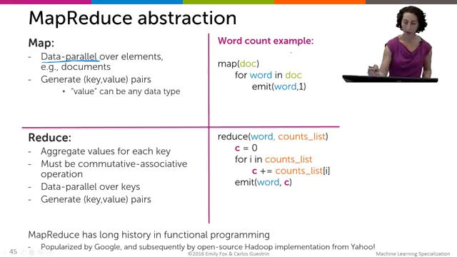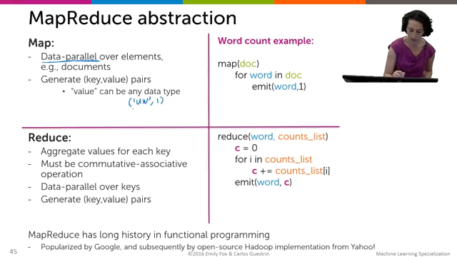So for example, in our word count example, we're going to take in a document, and then for every word in that document, we're just going to emit the pair word, comma, 1. So we'd cycle through our document. If we see the word UW, we emit UW 1.